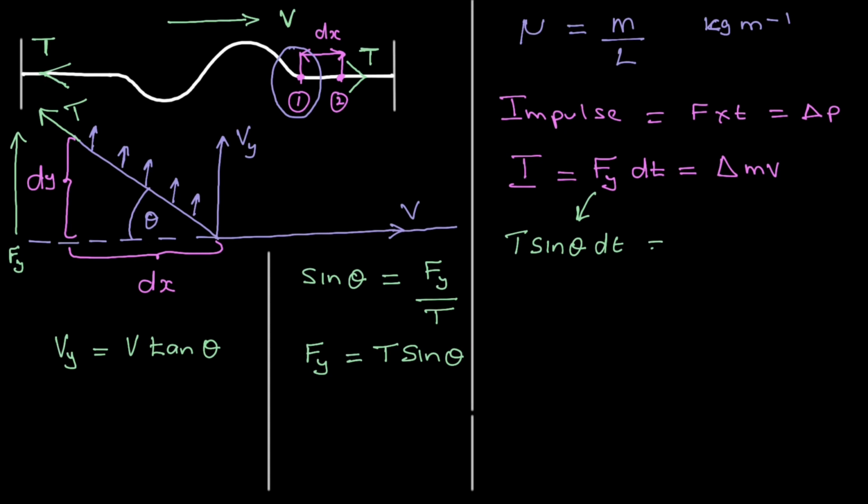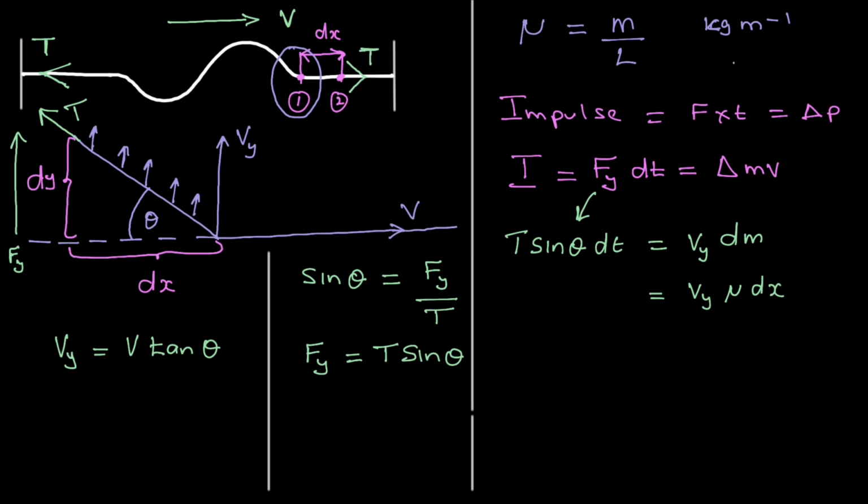So T sine theta dt equals vy times dm. Here dm is the change in mass, and I replaced the delta with a small d. But I know what mass is. Mass is L times mu, but L is x, so I can rewrite that as vy mu dx.